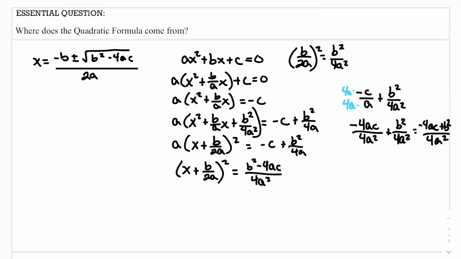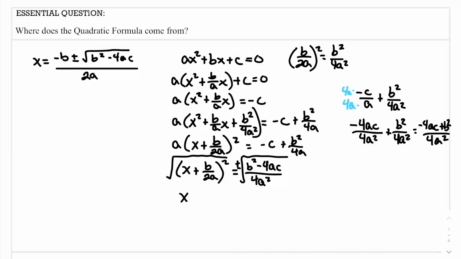Next, we want to take the square root of both sides, and this is where we get plus or minus. If you need a recap on that, I did make a video on why we need plus or minus when we're solving a quadratic.